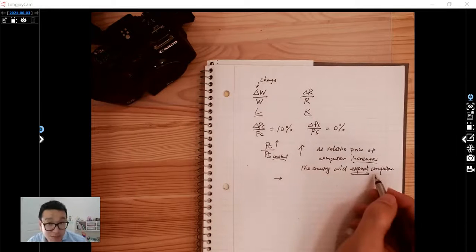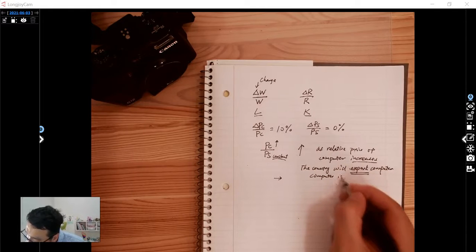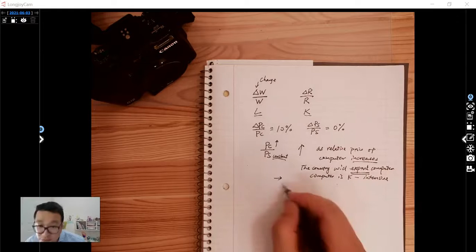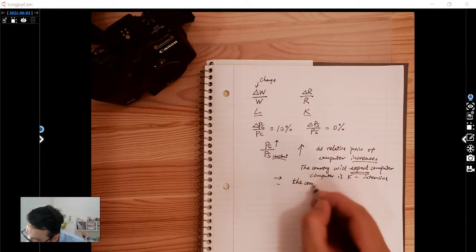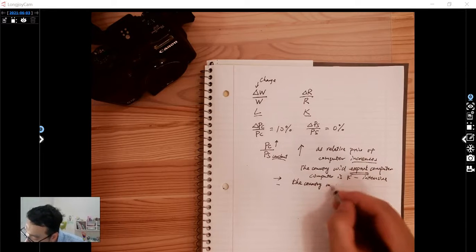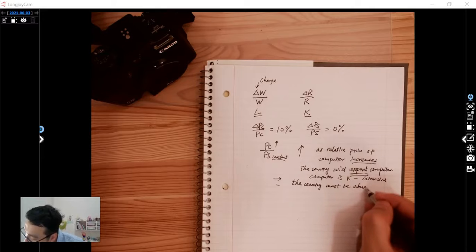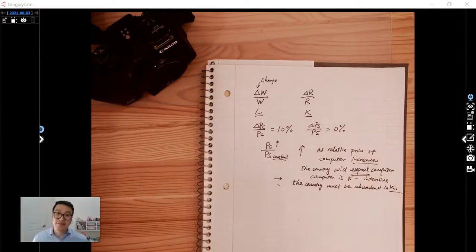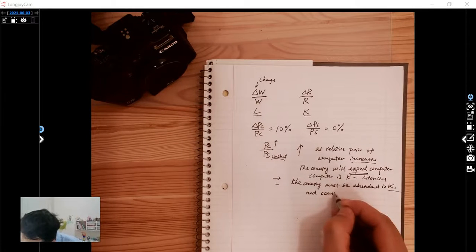If the country exports computer and the computer is capital intensive from the first part of the question, then we got that this must be true: the country must be abundant in capital and scarce in labor.